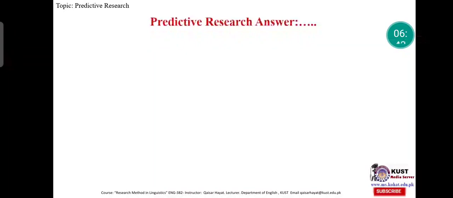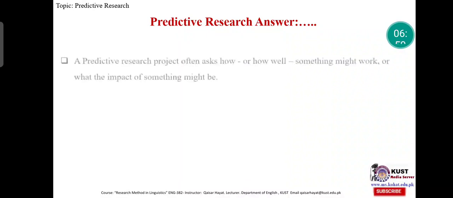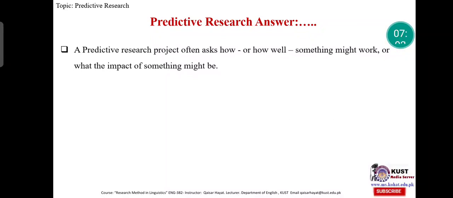Now, after the definition, let me tell you something about the research areas where this type of research, predictive research, answers. Predictive research answers questions like: a predictive research project often asks how or how well something might work, or what the impact of something might be.